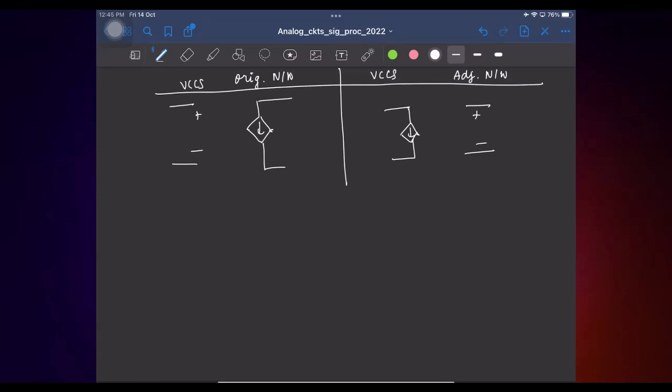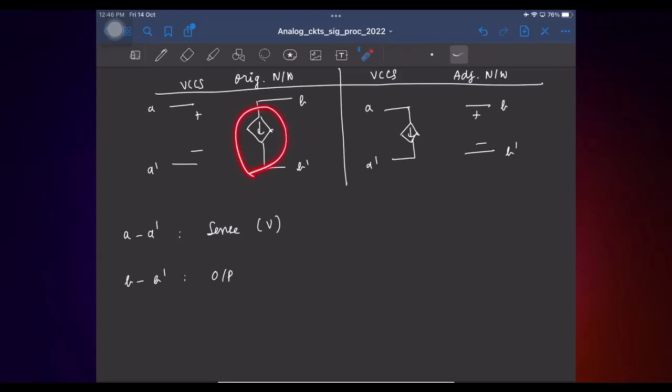Fine. So if you think about it, let's say this is A prime, B prime. In the first network, that is the original network, across AA prime we were sensing, and in BB prime we were sinking or sourcing, so I'll just call it the output side. We were sensing a voltage here, and in BB prime we are outputting a current.